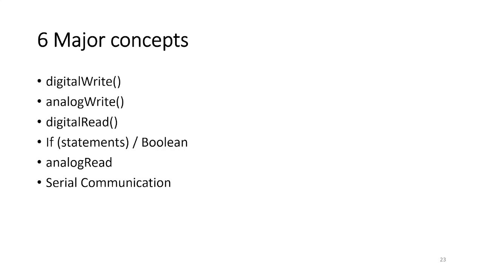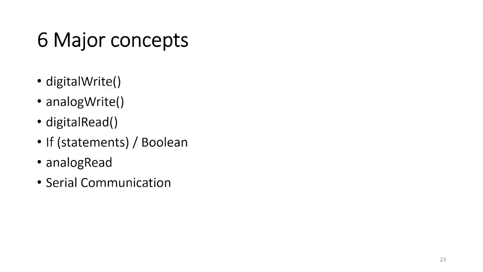So analogWrite is an output value, and you can control the speed of a motor using it.